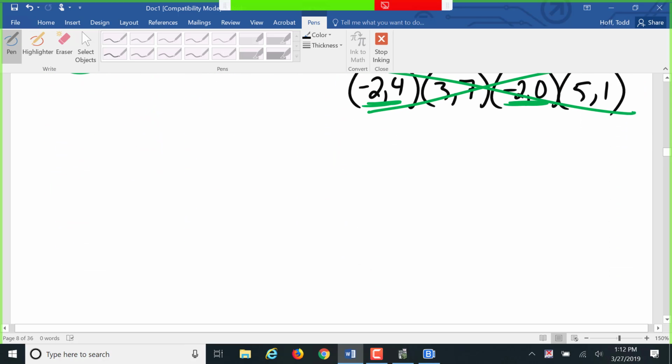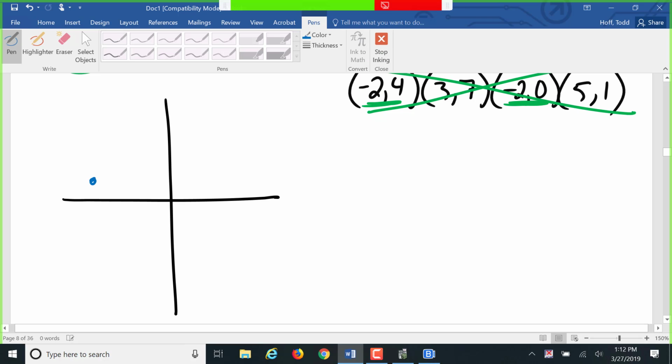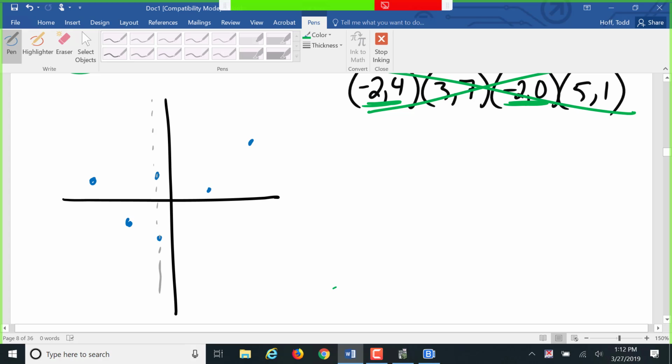Let's look at a graph. If I put points on the graph, now I should note here that those line up. Is that a function? No. The domain, remember, is the x values.